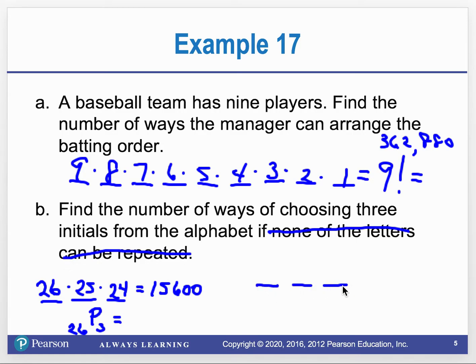I still need 3 initials, but 26 times 26 times 26. It's not a permutation technically. I can't use this formula, but I can still fill in the blanks. So now I could have an AAA initial, or ABB initials. They could be repeated.